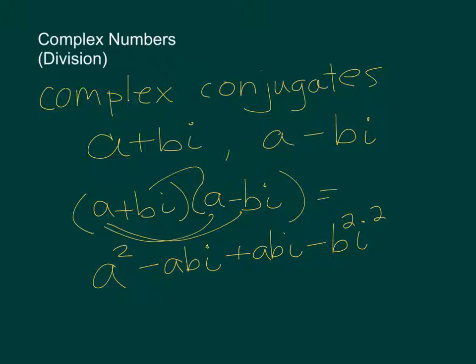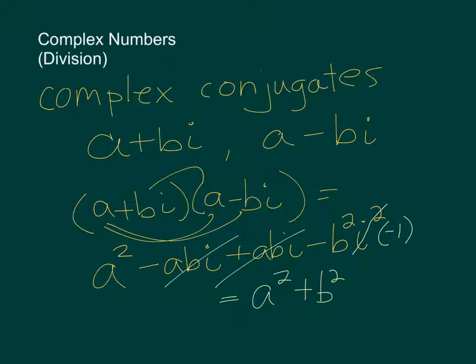So notice that these two will add to 0, and this i squared can be replaced with -1. So in the end we get a squared plus b squared, which the interesting thing about this is there's no more i's, no more complex or imaginary units in here.